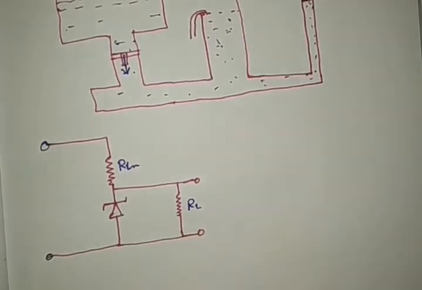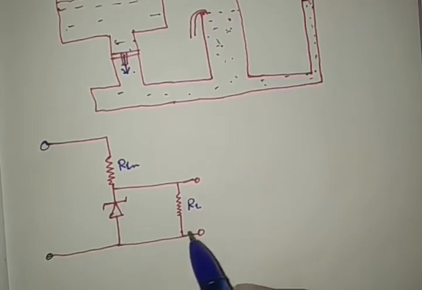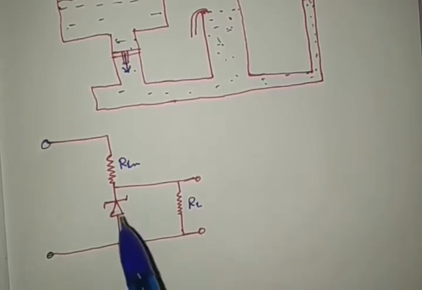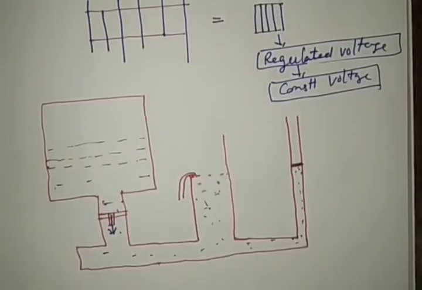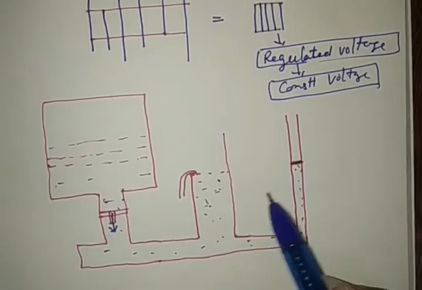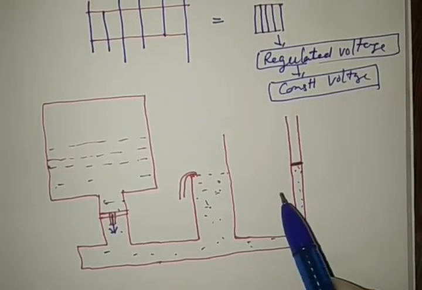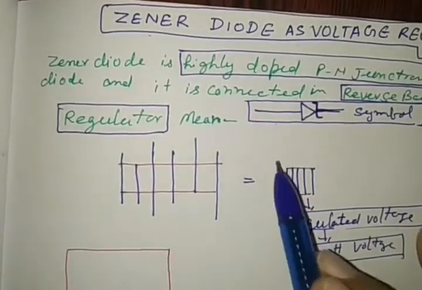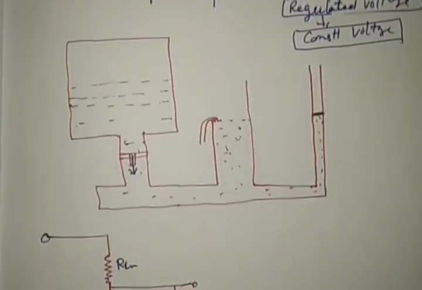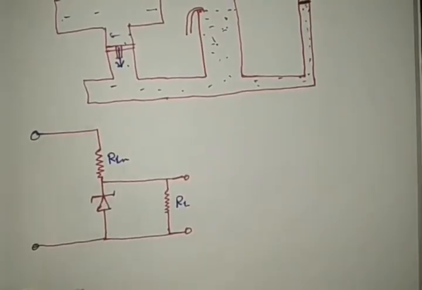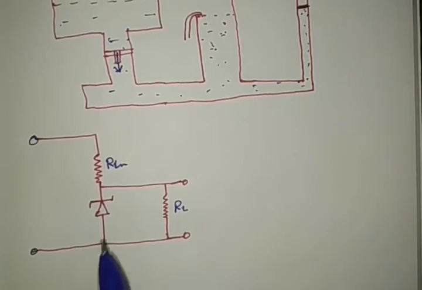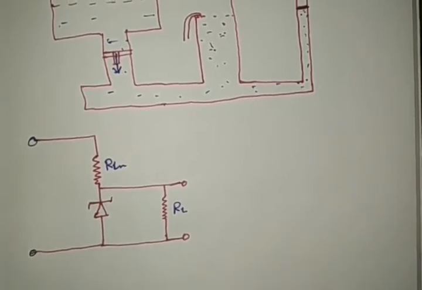Zener diode works in reverse bias. See how it works, like this water communication system, fluid communication system. Let us see with great patience to understand the concept.